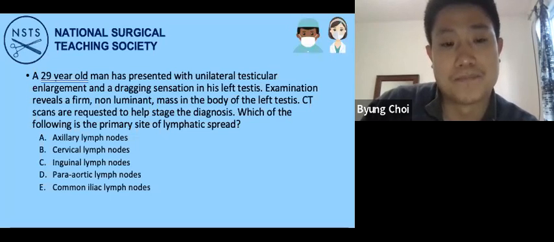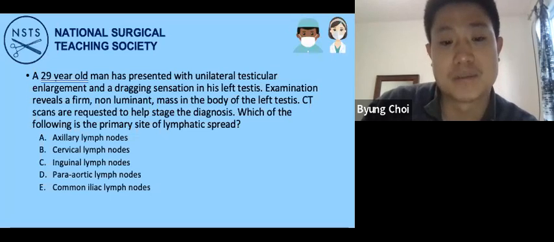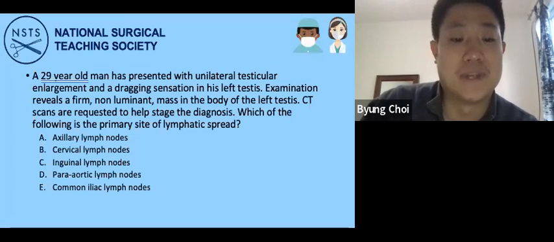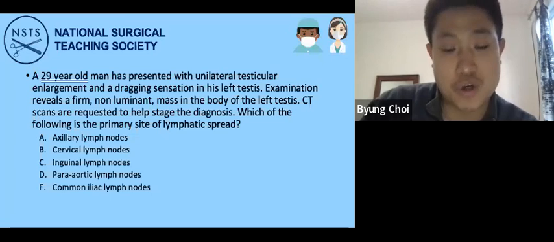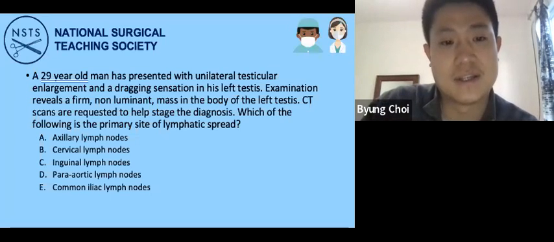Whereas the scrotum itself doesn't share the same blood supply, and actually the lymph of the scrotum spreads to the inguinal lymph nodes. So anything related to testicular cancer, you're worried about lymphatic spread to the para-aortic lymph nodes.